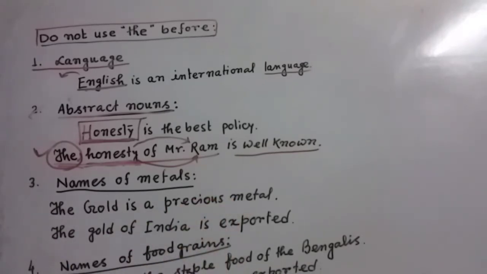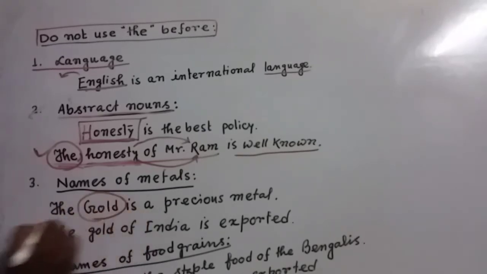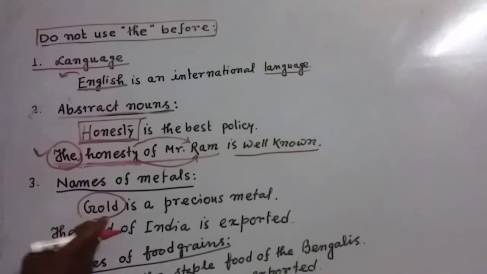Normally, here gold means it is not being particularized. In general, it is told. In general, it's a metal. In this situation, we cannot use the. We have to write down: gold is a precious metal.